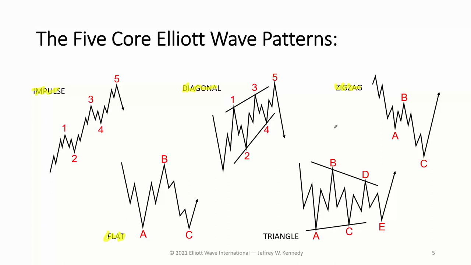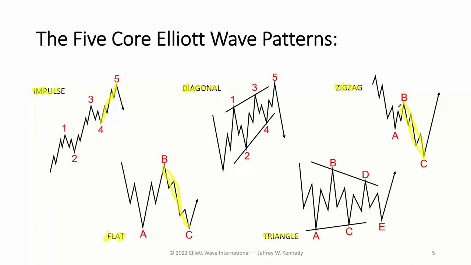For example, you can have an ending diagonal in the 5th wave position of an impulse wave, or as wave C of either a flat or a zigzag. So most likely, during the very late stages of a markup period, you'll see an ending diagonal begin to take shape. Or prior to the ending diagonal, you'll see a triangle.